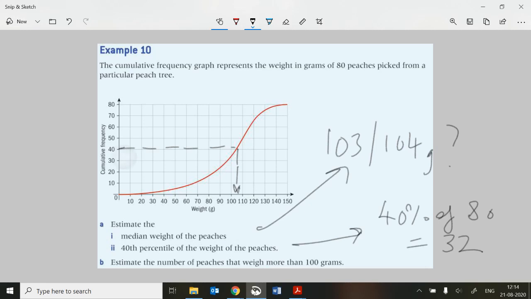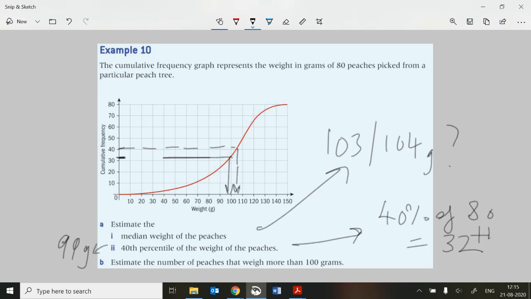Okay, and so 32 is kind of here. If you follow that one across, you should actually draw this one across. We're getting to perhaps 100 or maybe 99 there. Okay, so that's maybe 99, something like that. 99 grams. So 40% of the way through the data, we should show our calculation.